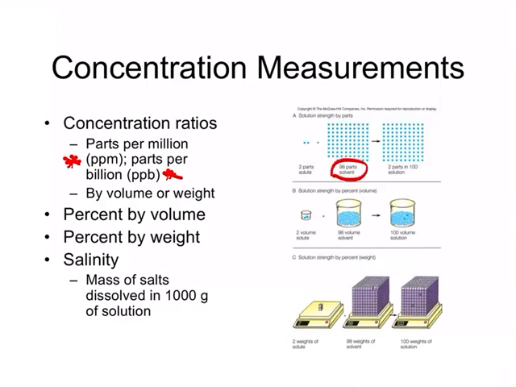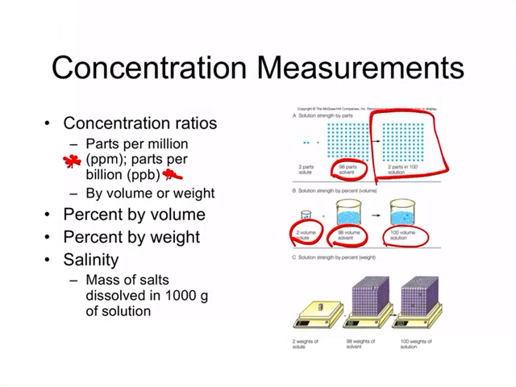That would be like if we had 98 parts of solvent, so basically 98 milliliters of water, and then 2 parts of solute, so two little sugar cubes or something, versus the same amount.